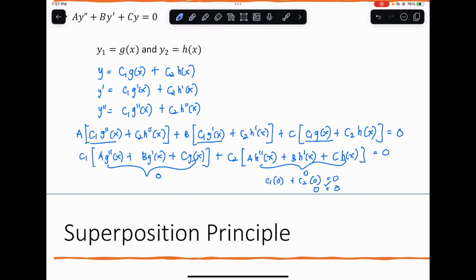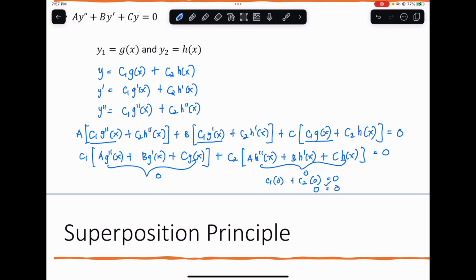In finding the solution, we still find the number of solutions according to the order: if it is a second order, we find two solutions; if it is a third order, we find three solutions.